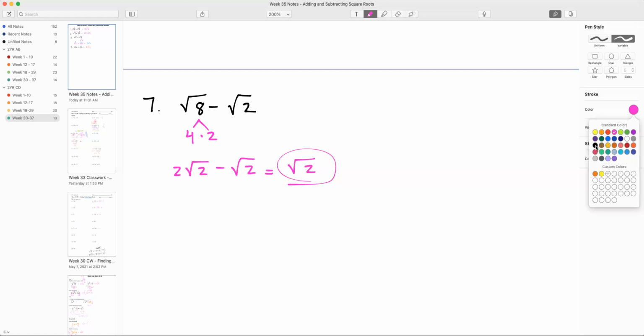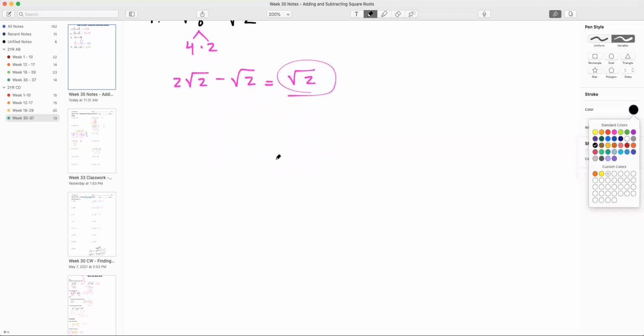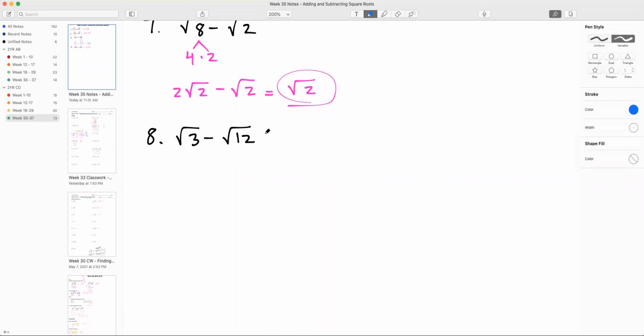Okay, number 7. Number 8 now. We got root 3 minus root 12. Okay, so we can't simplify the root 3, so we'll leave that right as it is. The root 12, though, we can simplify. It has a perfect square of 4 in it.